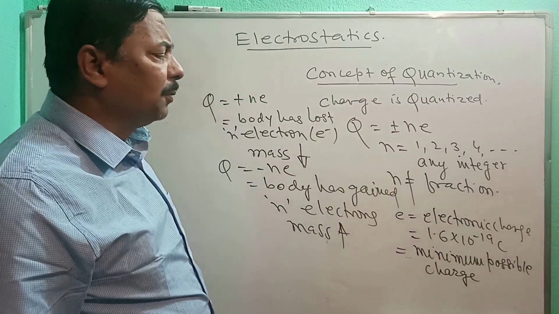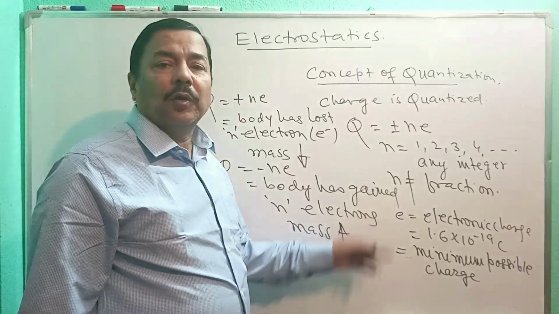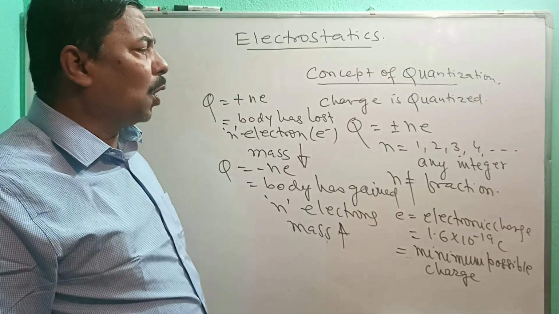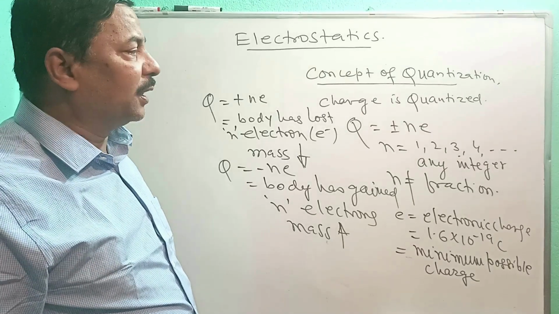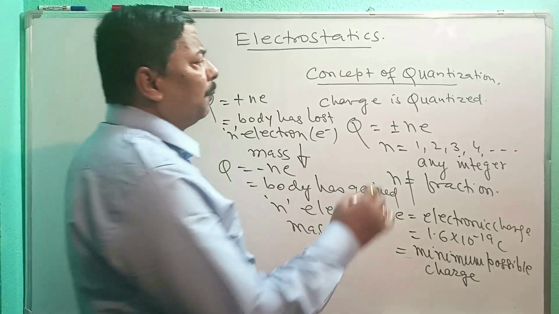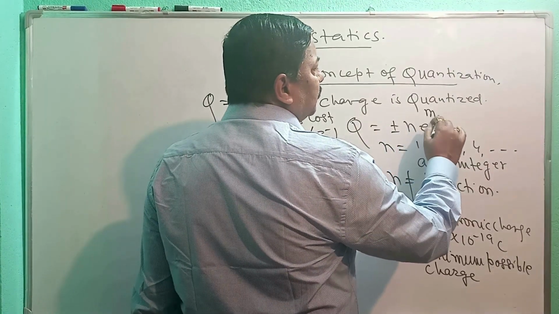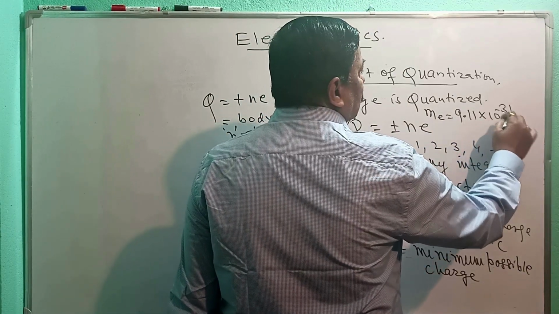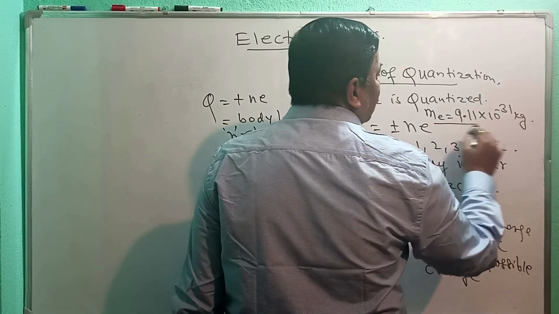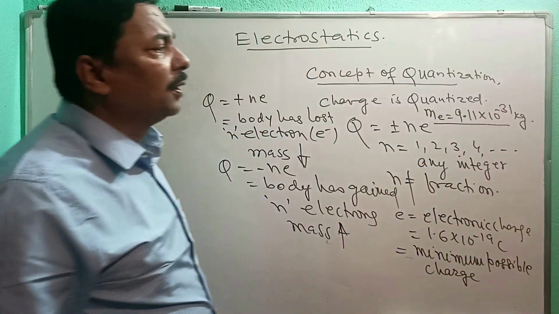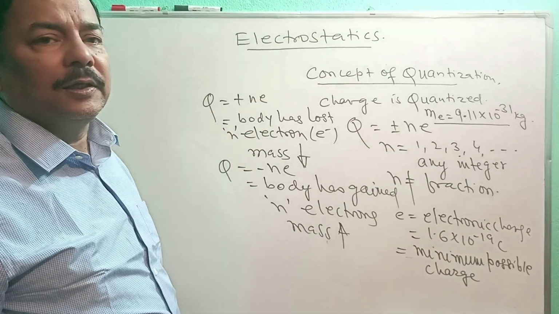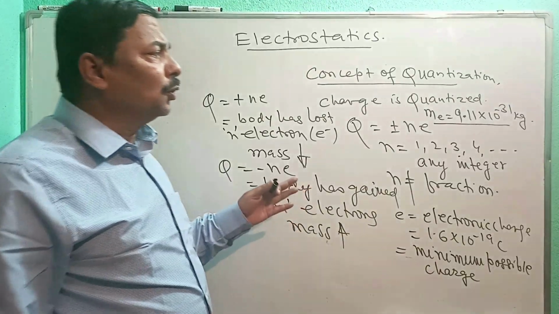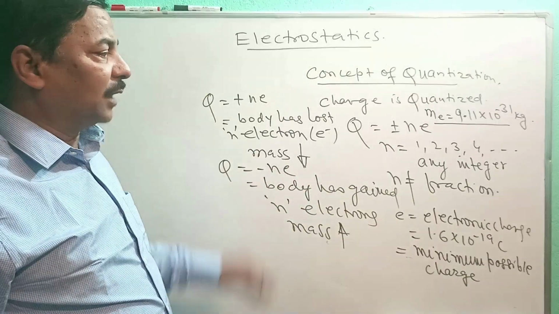So the minimum possible charge is the electronic charge. This you all should remember very carefully. Also you should know that the mass of an electron is 9.11 into 10 to the power minus 31 kilogram. This value you should remember all the time.